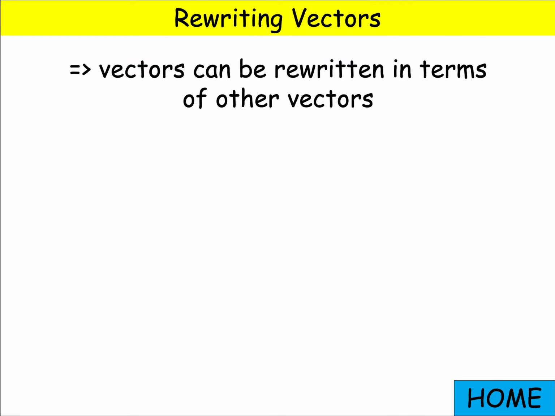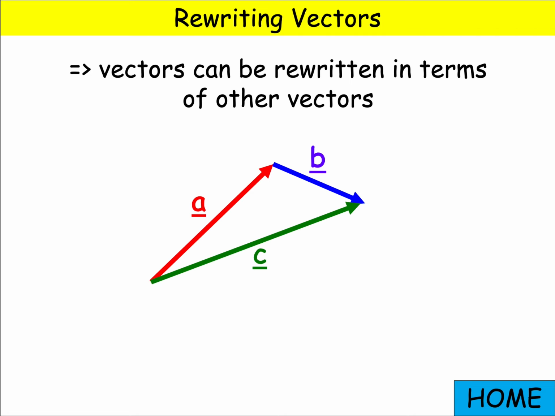Vectors can be rewritten in terms of other vectors. So this vector little a, and the vector little b, so c is equal to a plus b. It is the same pathway.